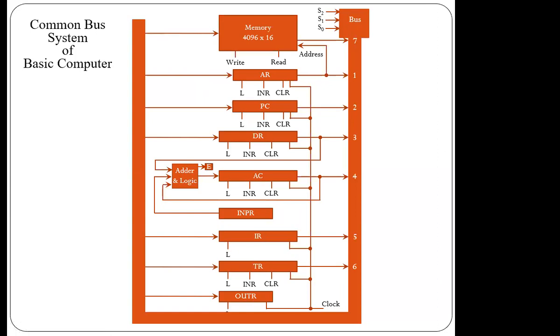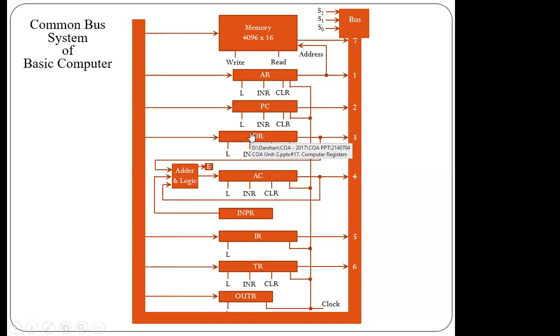So it's up to you which diagram you take. Whichever is easier, you can draw that diagram in the examination, right? So this is the diagram for the common bus system. First of all, how is writing onto the bus achieved? That is this concept.